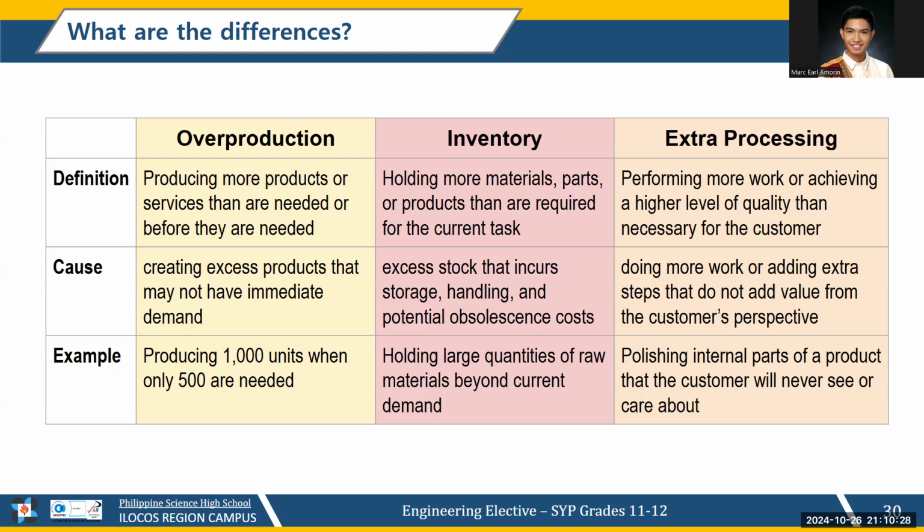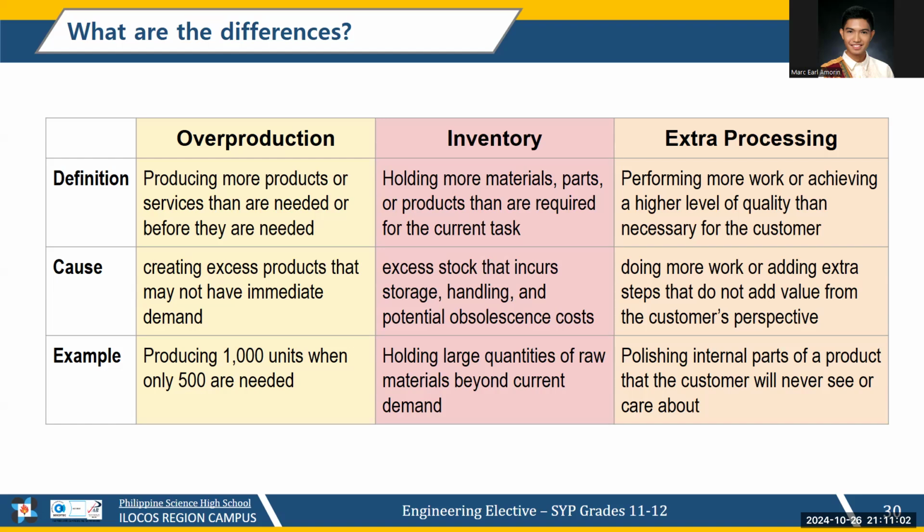For overproduction, you are producing more products than what is needed. For inventory, instead of the word producing, you are holding or stocking. So stocking more products than what is required or needed. In extra processing, the keyword is performing. So you are performing more work than what is necessary or required.